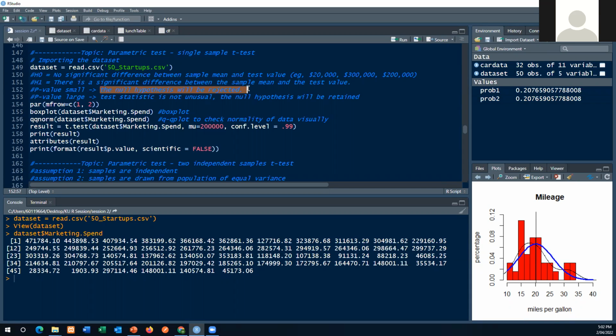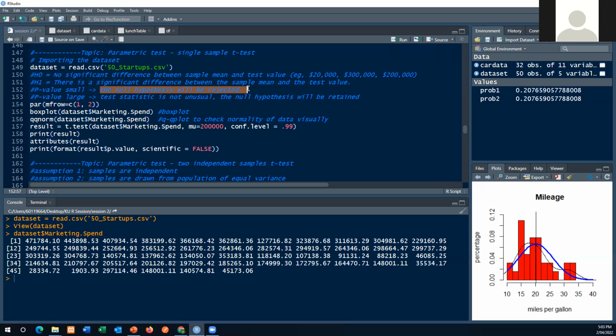Ideally our confidence level is 95%, which gives a significance alpha level of 0.05. So if our p-value is smaller than 0.05, then we reject the null hypothesis. If our p-value is greater than that alpha level of 0.05, we retain the hypothesis. That means we cannot reject the null hypothesis. We say, okay, we cannot reject it. So we have to accept it.